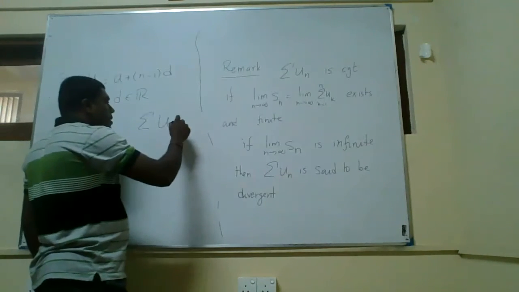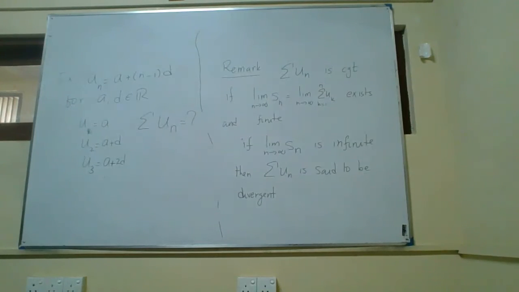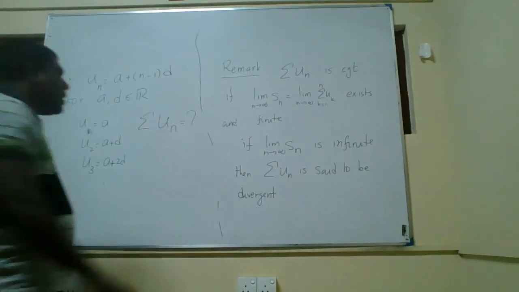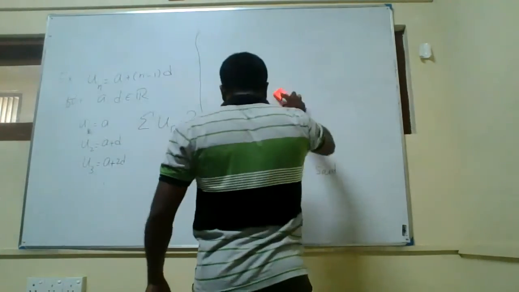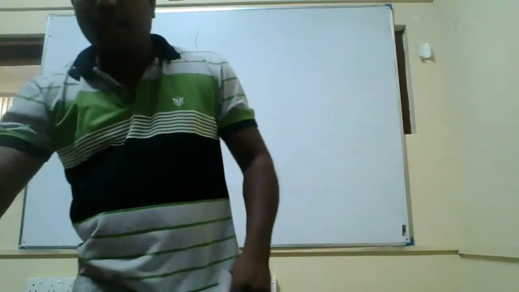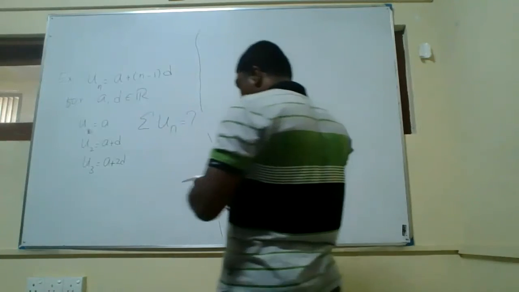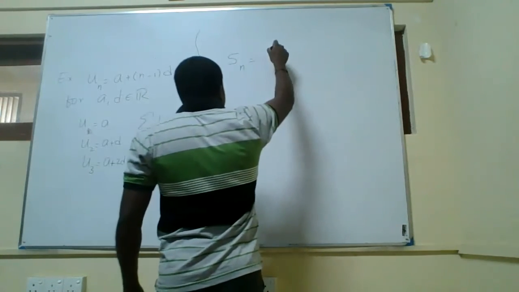Obviously, if you want to look for convergent or divergent, then the first thing you have to do is go for the partial sum of the series. So let us start finding the partial sum. You obviously know the notation of partial sum, that is S_n.